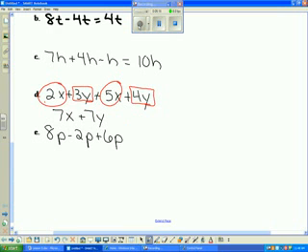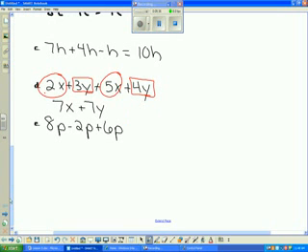Very good. When you have a bunch of them and they're all different ones, aren't you supposed to circle or square them? Yeah. We have circles around the x's, squares around the y's. That's how you differentiate between the two.